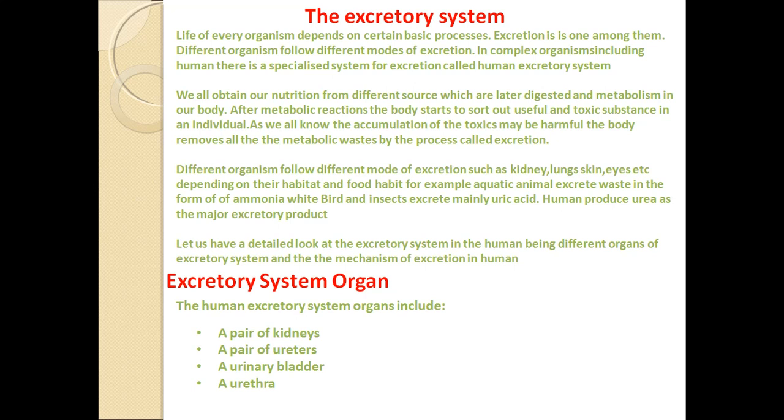A pair of kidneys, a pair of ureters, urinary bladder and urethra is helping in the excretion process, removing the metabolic waste or the toxins which are harmful to the body of living organisms.